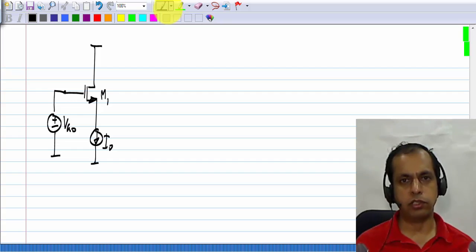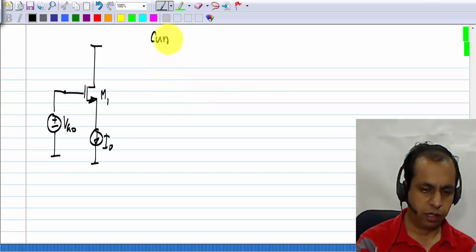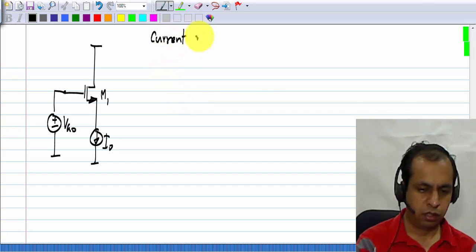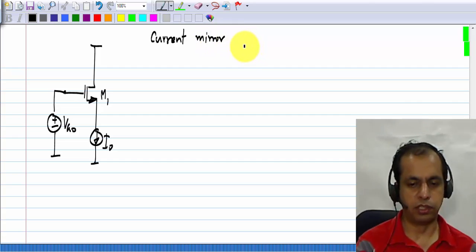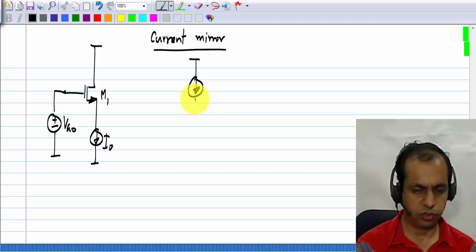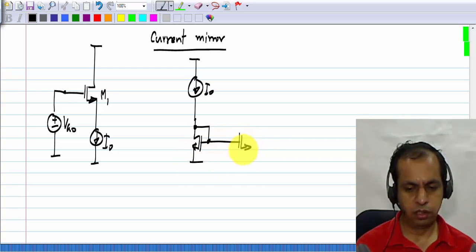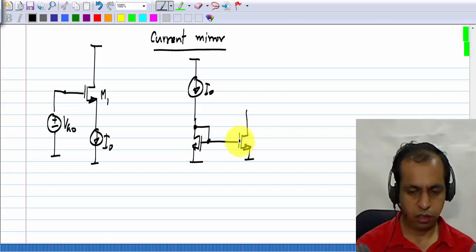Now there are some ways of realizing a single current source that I won't go into, but at least we know the following. We know the current mirror structure, that is given a single current source I0, we can make many current sources.